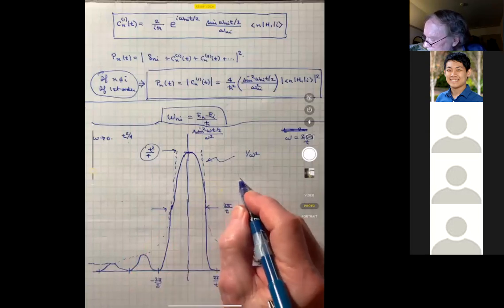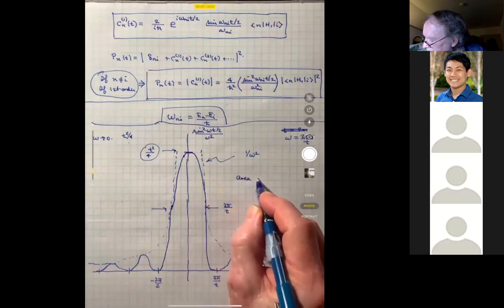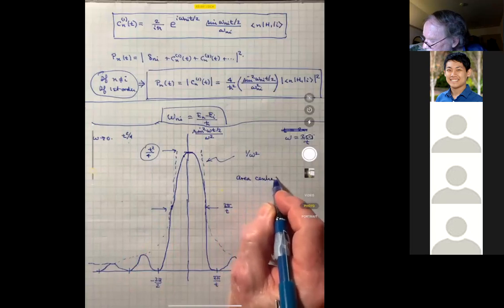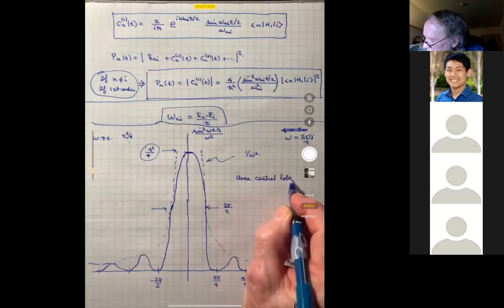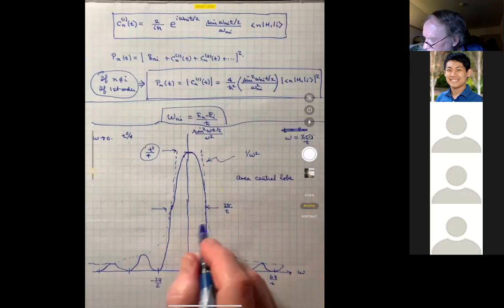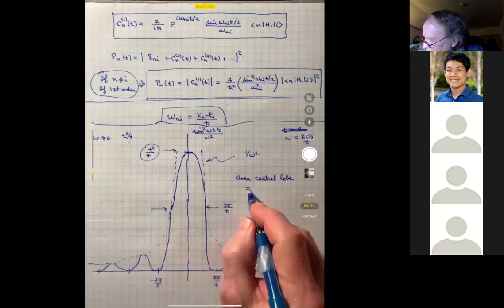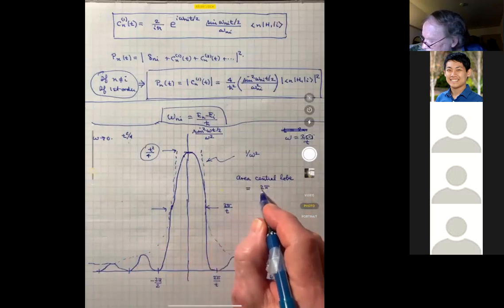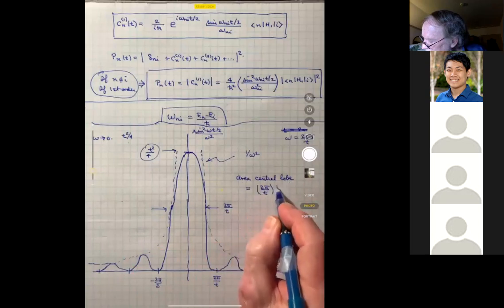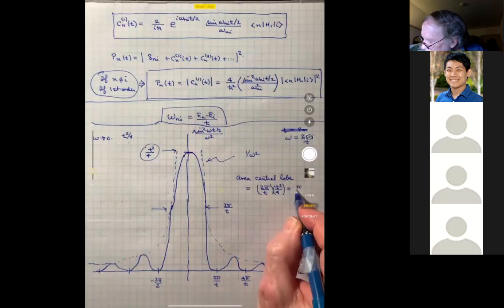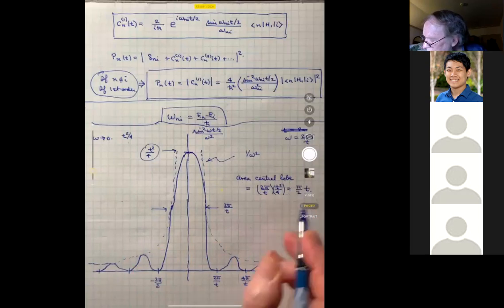So the area of the central lobe is roughly, as an order of magnitude, given by the width, which is 2 pi over t, times the height, which is t squared over 4. And therefore, that multiplies out to be pi over 2 times t.